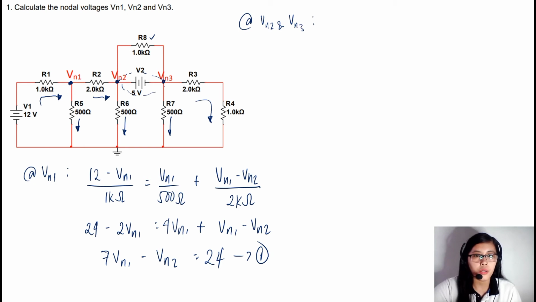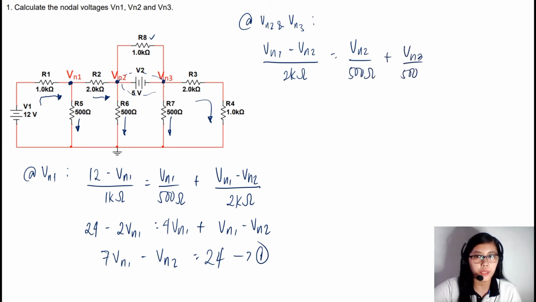So Vn1 minus Vn2 over 2 kilo ohm is equal to Vn2 over 500 ohm plus Vn3 over 500 ohm plus Vn3 over this one, and these are in series with each other, so that will be 3 kilo ohm.